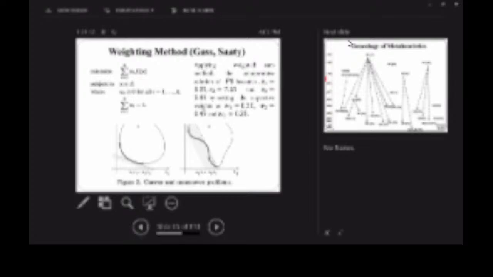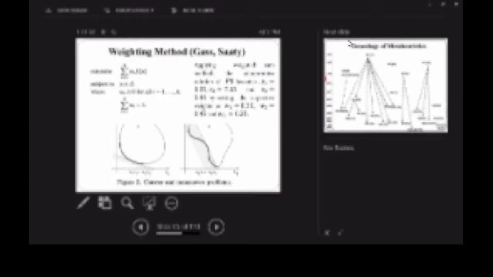So this is the weighted method, and the main disadvantage here is that you also get a single solution. If your objective space or decision space is in convex form, that means it's a convex function, then obviously the weighted method gives you a good solution. Say suppose both objectives are minimizing, so obviously your true Pareto front is in this corner.